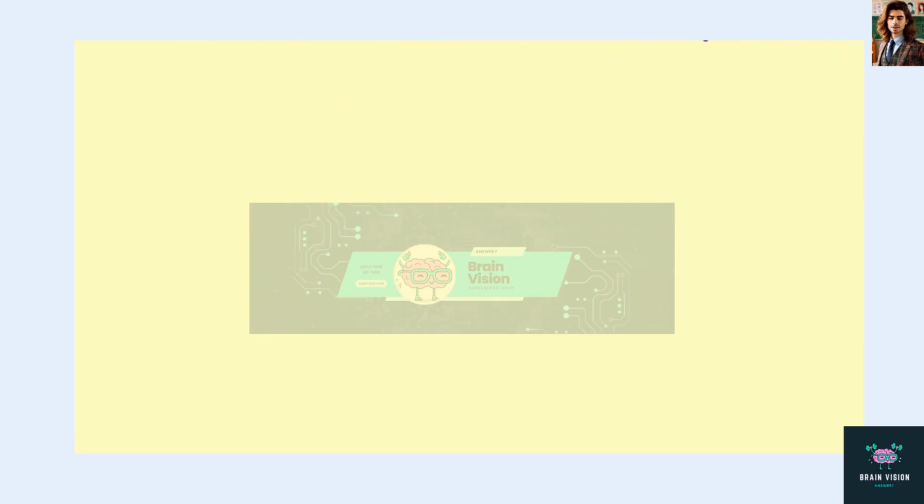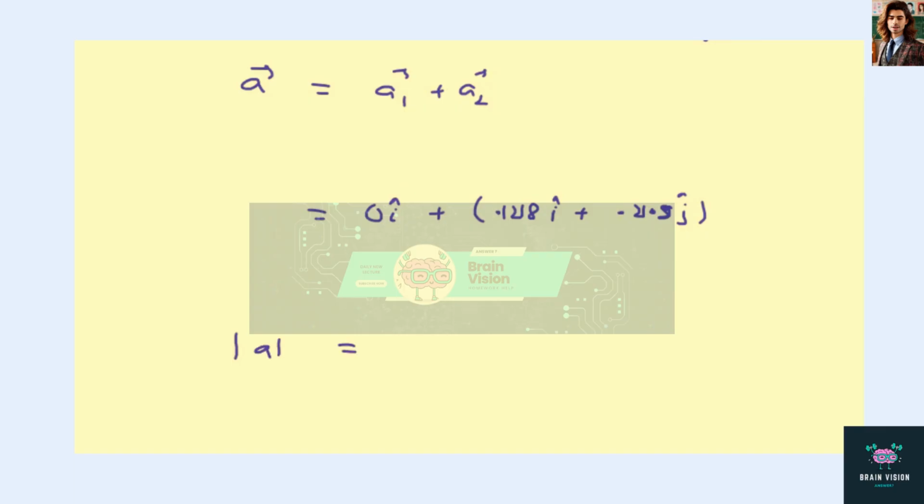Now acceleration is given by A1 plus A2, that is equal to 0 i cap plus 0.1218 i cap plus 0.2109 j cap, and you can write the value of magnitude of acceleration is equal to under root 0.1218 square plus 0.2109 square.